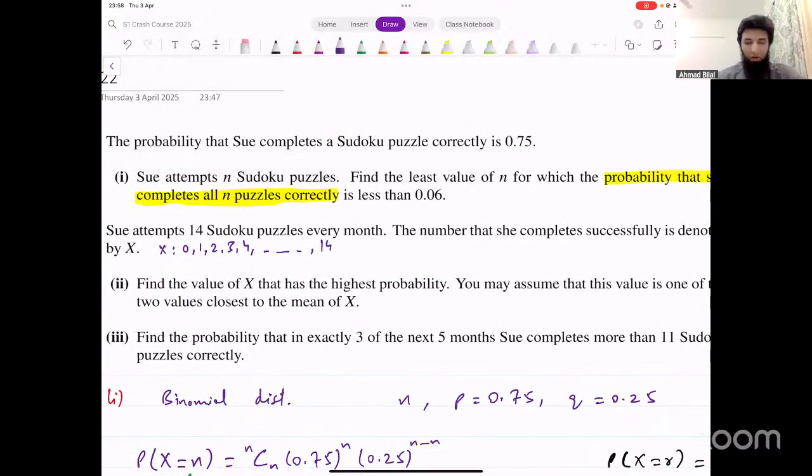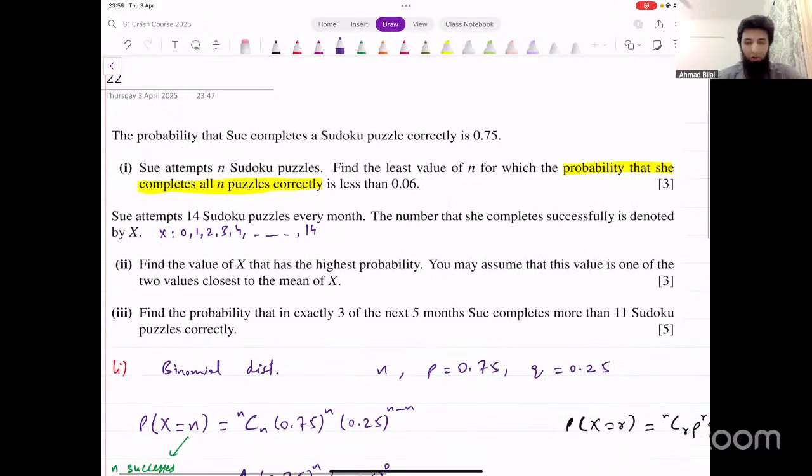And the hint is that the value of X that you're looking for is one of the two values closest to the mean of X. So if you can find the mean of X first, then you can identify that it's going to be one of these two values. And you won't have to find all of these probabilities, okay?